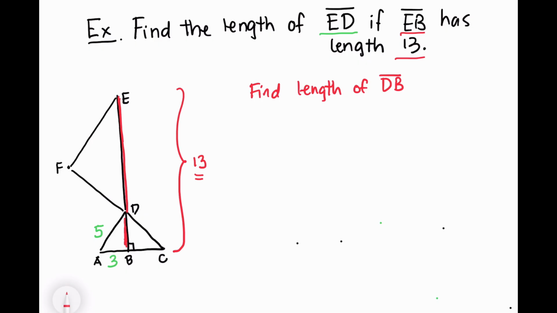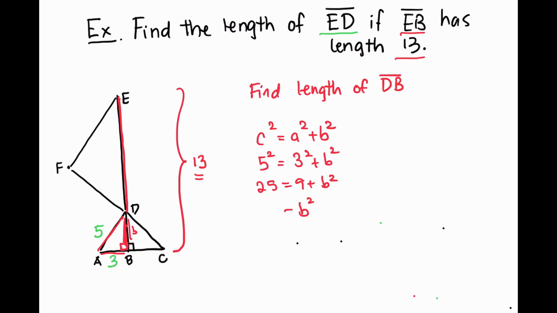So can we find the length of DB here? It looks like this is a right triangle, so we're in luck. What I have is c squared equals a squared plus b squared. In this case, we know the hypotenuse is 5, and one leg is known. Let's call this side b. So we have 25 is equal to 9 plus b squared, or b squared is equal to 16.